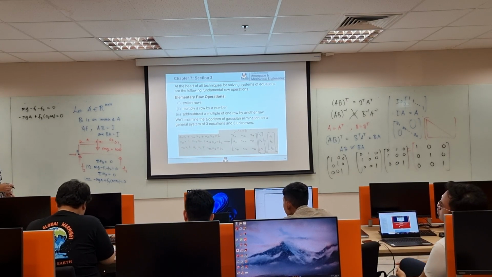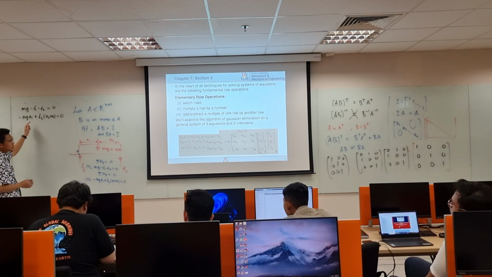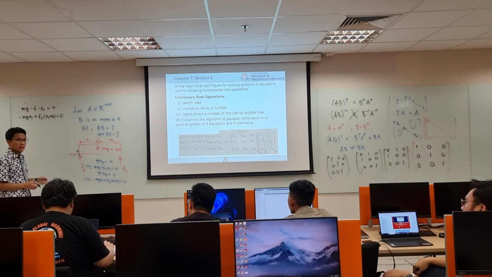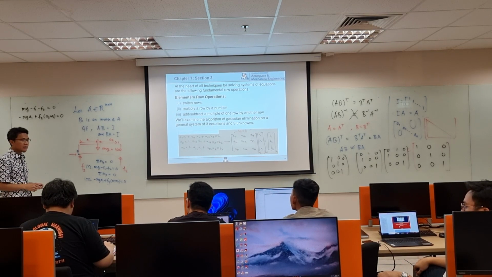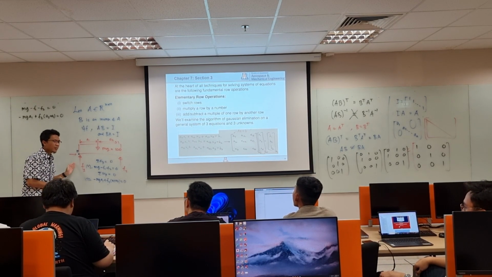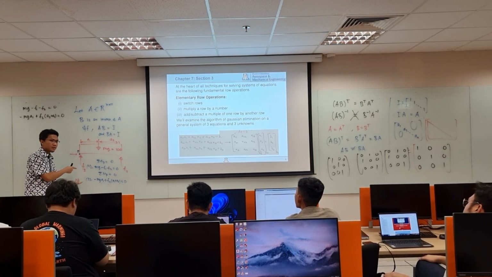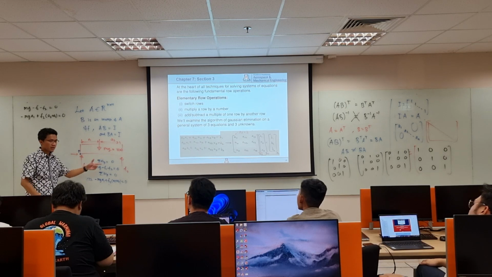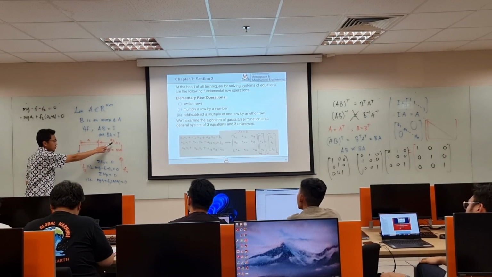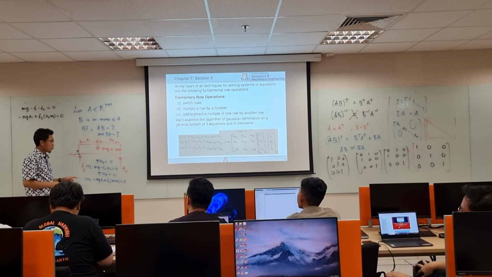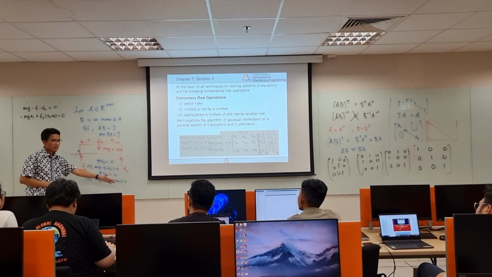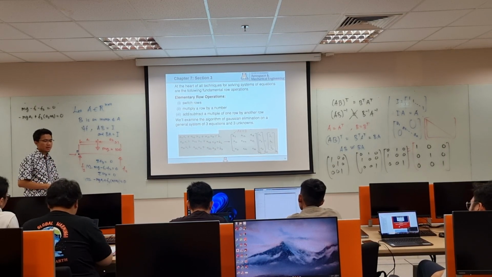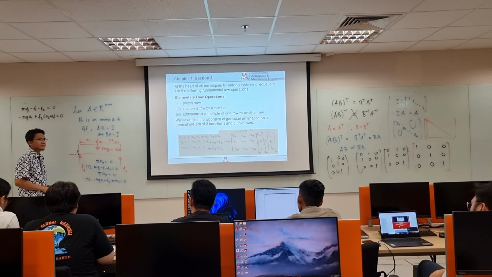What do we want to find from here? We know mg already, and we know a1, a2. What is f1 and f2? They are reaction forces, unknown, and we want to compute that. Yeah, this is a statics problem.